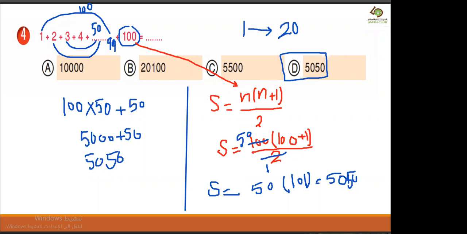Ali Shabraka, do you get the answer? Rida, do you get the answer? No. Zainab, Ruba, do you get the answer? Okay, right, good. Zahra, do you understand these problems?